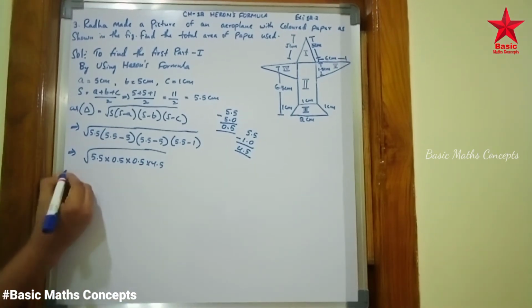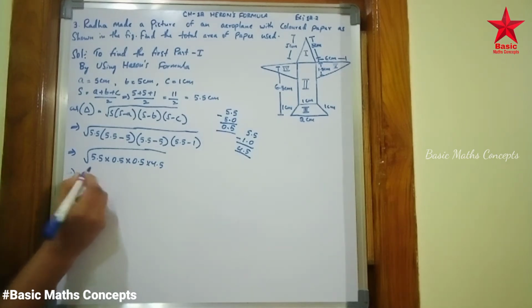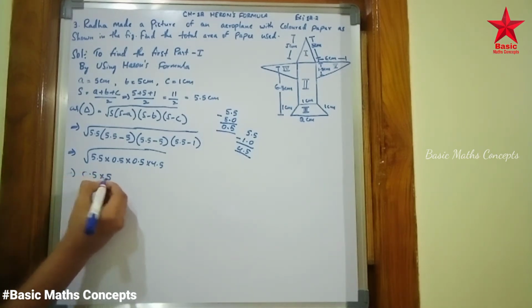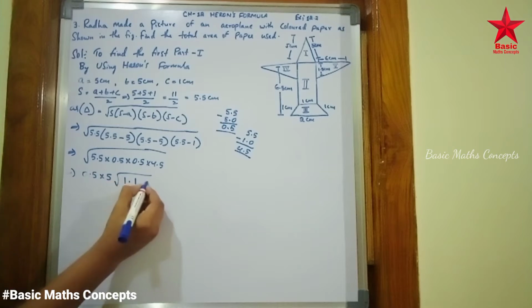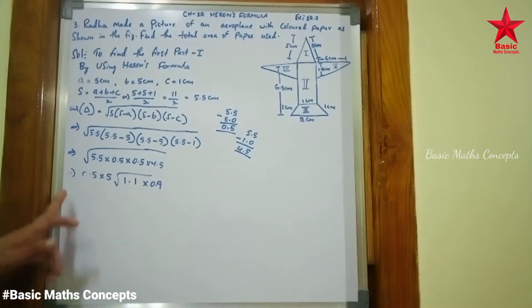Now multiply this. This implies 0.5 into 5 into root of 1.1 into 0.9.